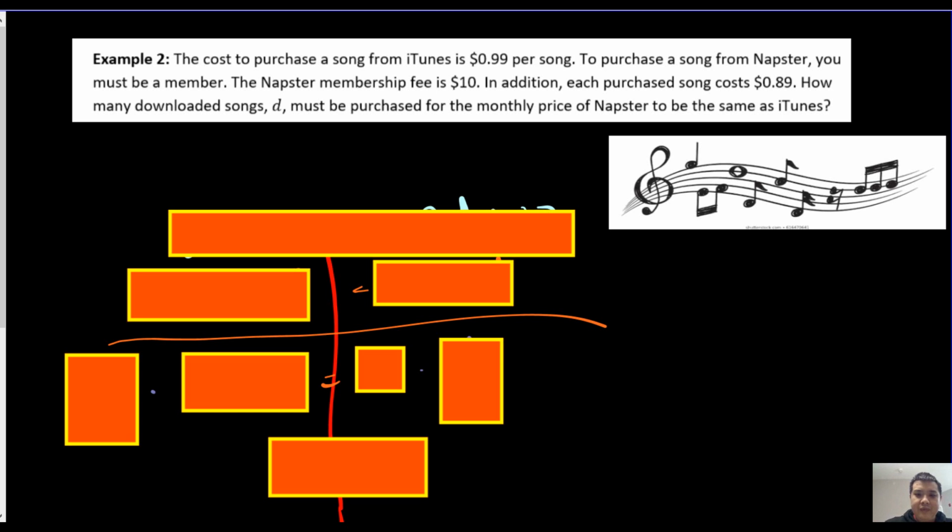So we're asking for when the monthly prices are going to be the same. So we need to have an expression representing the price for iTunes and the price for Napster. Well, iTunes is very simple. Since it's just 99 cents per song, it's going to be 0.99 for every song, and songs are represented by d. That is iTunes.